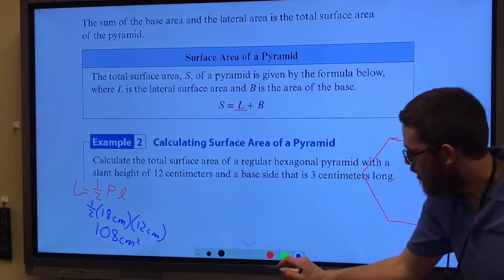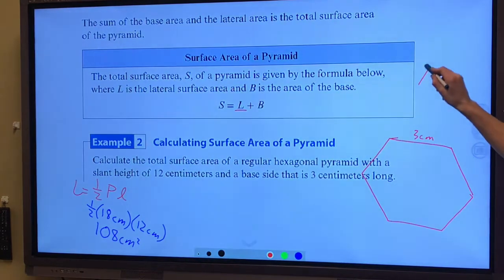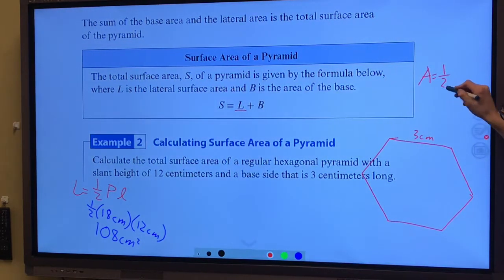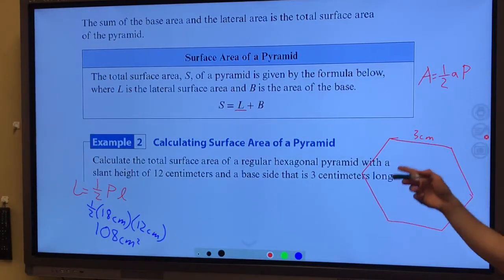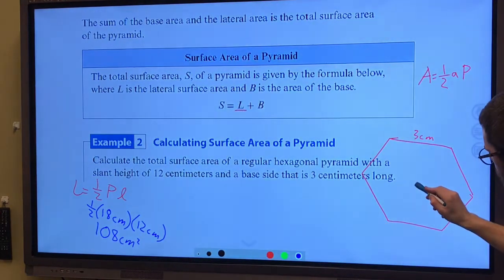And we need to remember what we've talked about when it comes to finding the area of a regular polygon. We can use our formula, which is 1/2 the apothem times the perimeter. We've got the perimeter already, it's 18 centimeters, but we need that apothem.